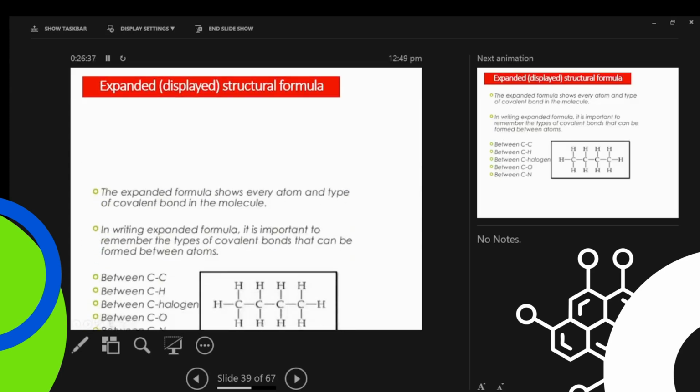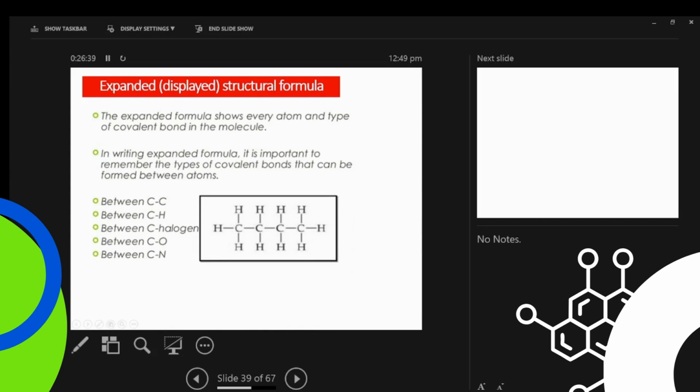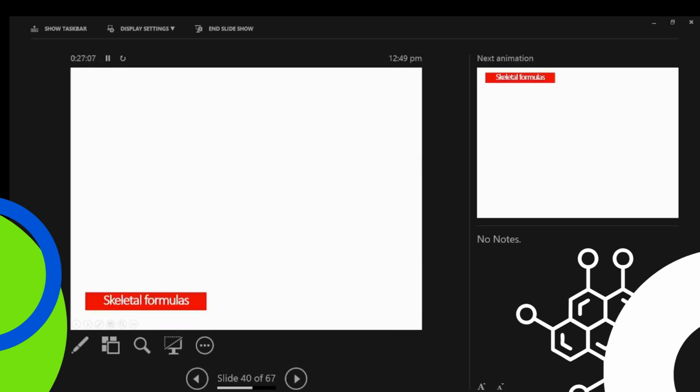While this one, if you look at it, you can change it, like whether it's present between carbon and carbon here, carbon and hydrogen, if some X is present, if some O is present, or if some nitrogen is present. So we can just change our type of bonding, whether it is double, single or triple. So you can easily make it.